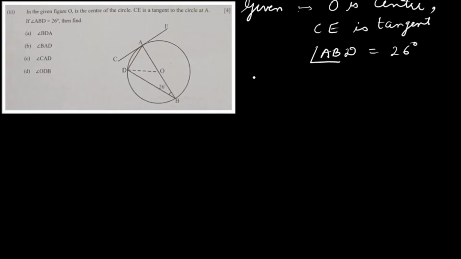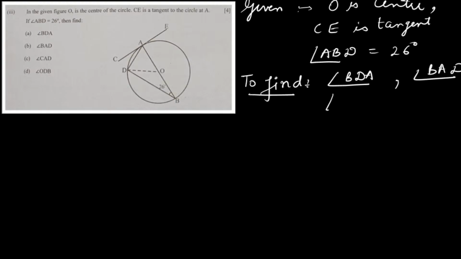Then what do we have to find? You have to write the given and what we have to find. You have to find angle BDA. Four parts are there: angle BDA, angle BAD, angle CAD, angle ODB. Let me show you on the figure also.